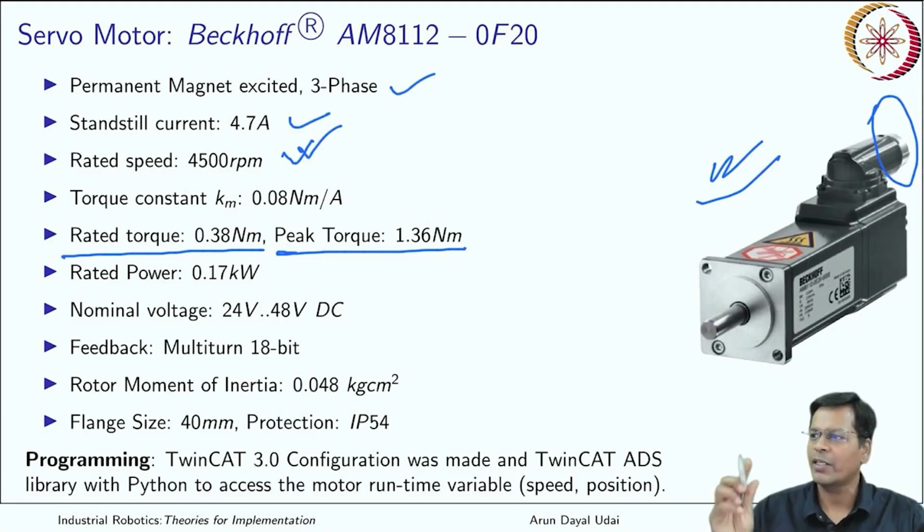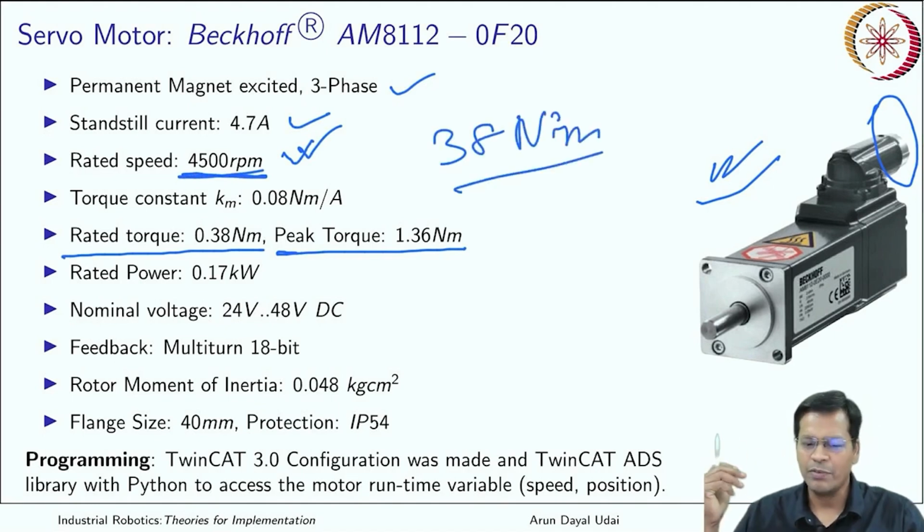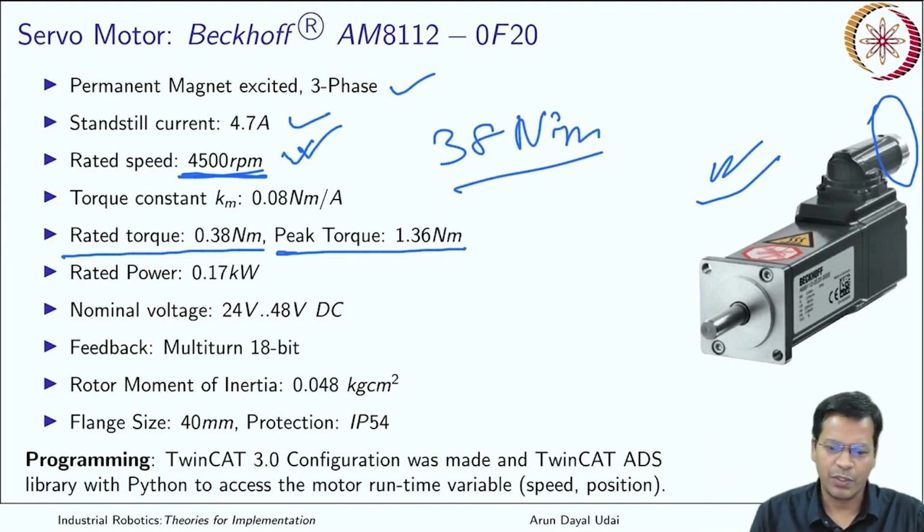So let's say if you have something around 100 times gear reduction, this is approximately going to give you 38 Newton meter of torque. So yes, this is sufficient to drive industrial robot arms, at least the last 3 links.